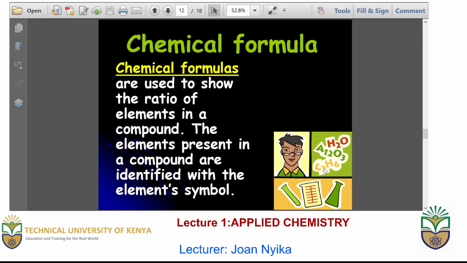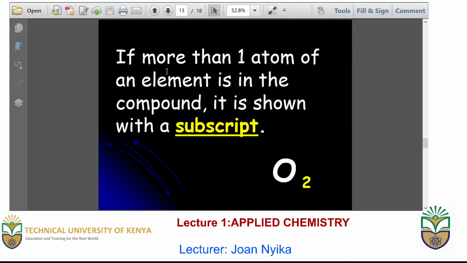Please, you can calculate the ratio from here. Look at the case of ethane. It has two carbon atoms and six hydrogen atoms. Therefore, the ratio is 1:3. That is what we refer to as the chemical formula. It represents the ratio in which elements are bonded together to form a compound. The elements present in the compound are identified using different symbols, the symbols we talked about last week in our class on nomenclature.